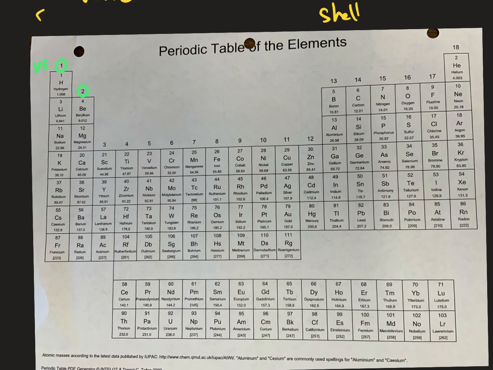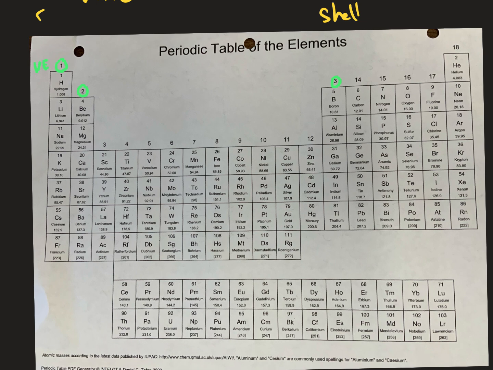How many does group 2 have? Two. And we're going to skip past the transition metals until next unit, and just talk about the main group elements. How many does group 13 have? Not 13, but 3.